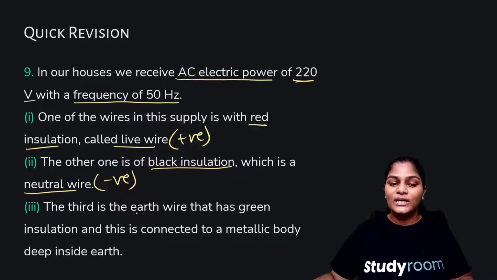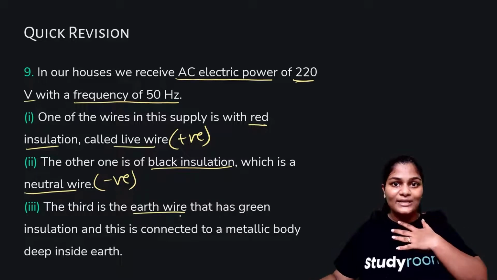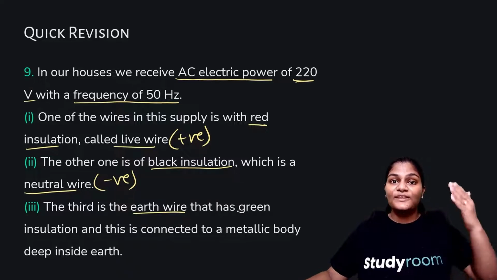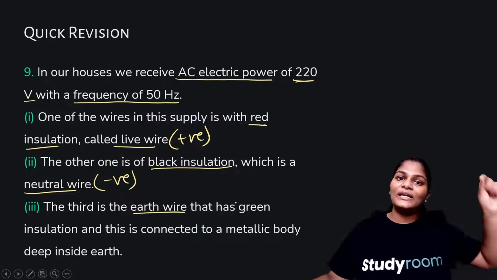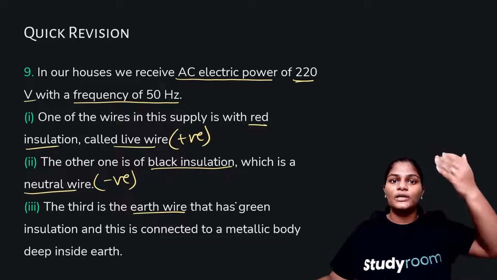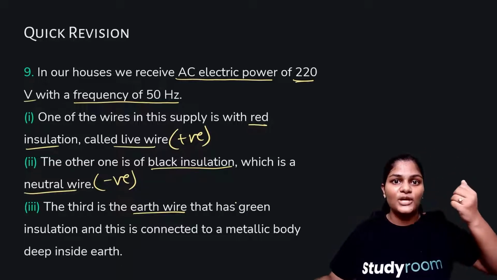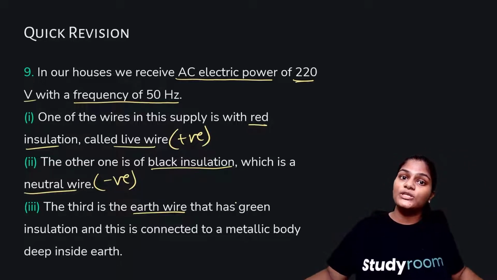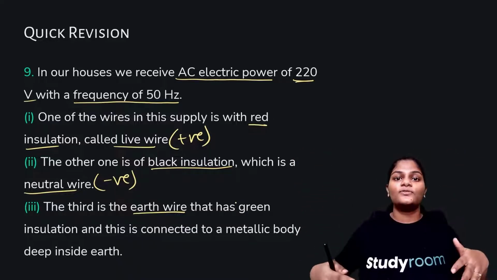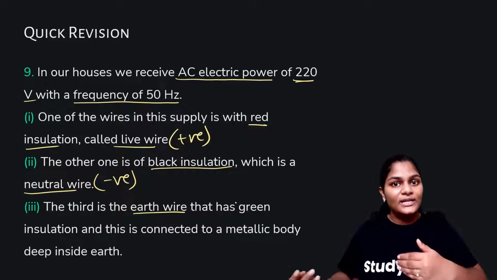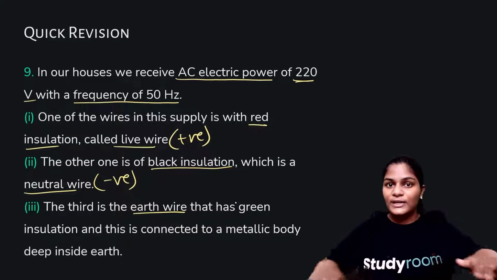The third is the earth wire, which is to protect our lives. If there is any leakage in any appliance, that wire quickly takes up the leakage, the extra current or extra charges, and takes it deep into the surface of the earth on a metal plate. So it basically earths all of the charges. This process is known as earthing because the earth is electrically neutral.